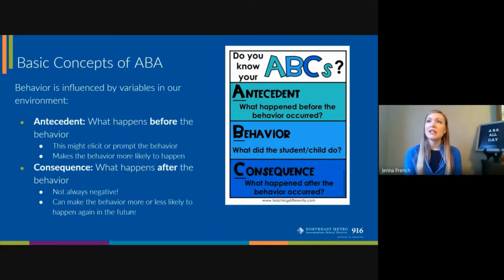So in our day-to-day, general language, the word consequence has a negative connotation. In ABA, it doesn't. It simply means the event that happened after the behavior. So it's not always negative. But whatever follows the behavior, the consequence, can make the behavior more or less likely to happen again in the future. And that's the important part. That's what we look at.